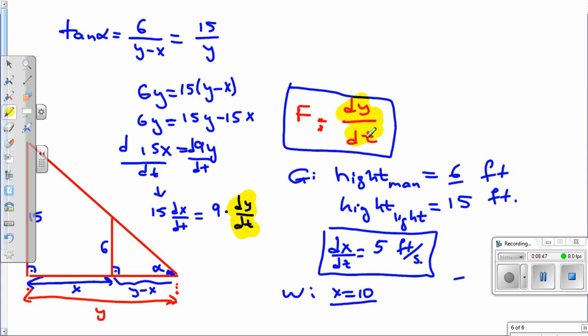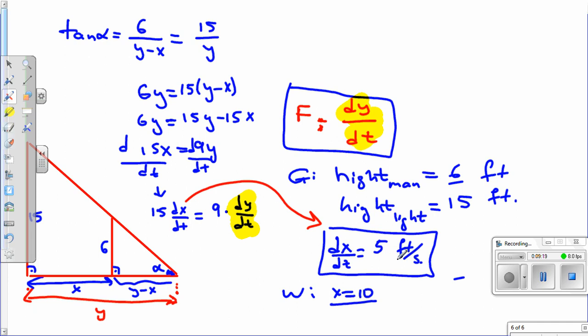So 9 times dy over dt equals 15 times dx over dt. Do you know dx over dt? Sure, dx over dt is given here, which is 5 feet per second. This was the man's speed at that given time, the rate of change of his distance.